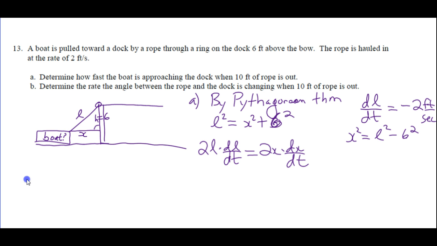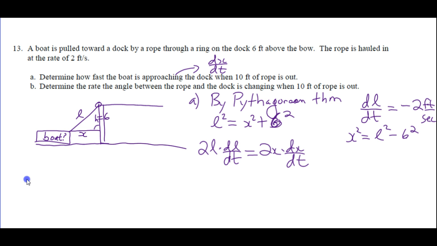So here's the expression that relates L and X, right? So we have dL by dt is given to us. We need to determine how fast the boat is approaching. So what we're finding here is dx by dt. Okay, so that's what we want to find. And that's what's going to relate them, right?